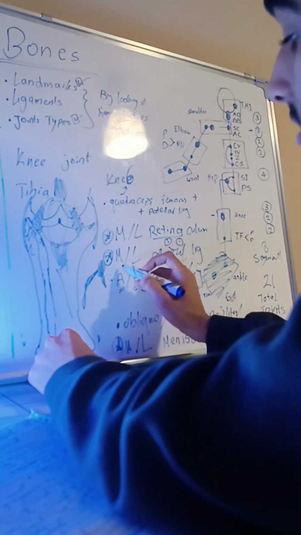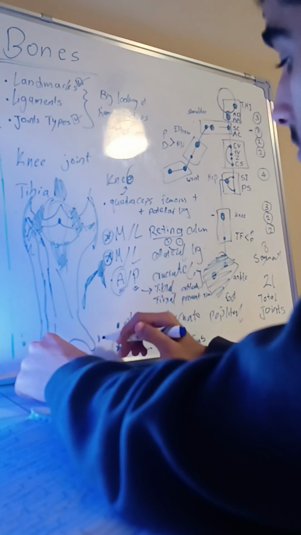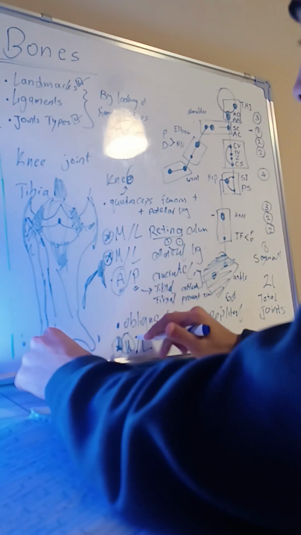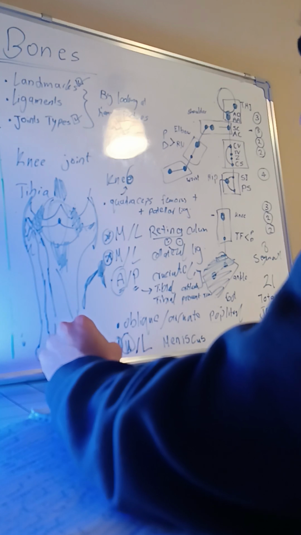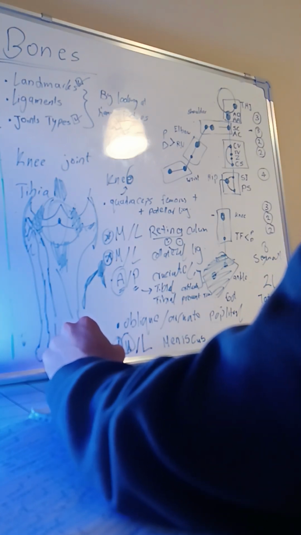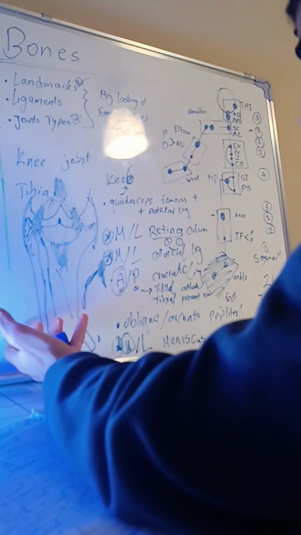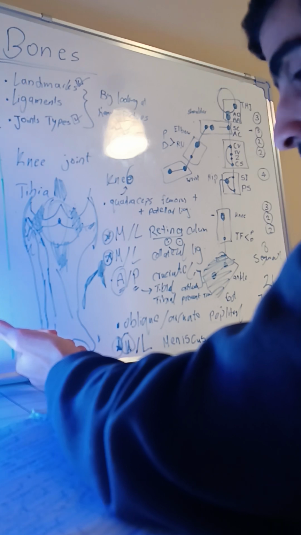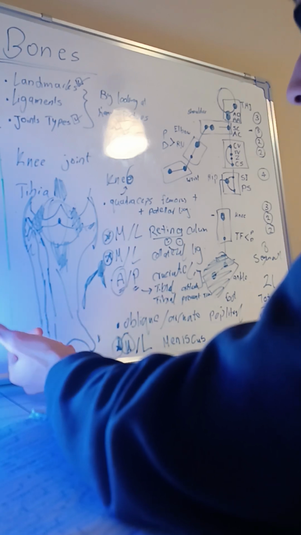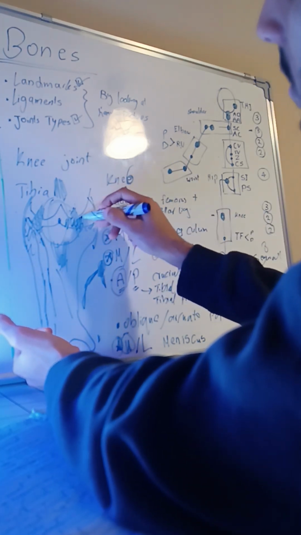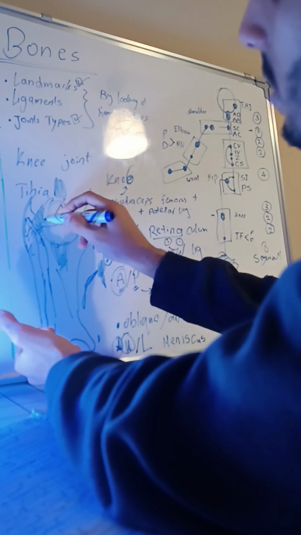By the way, the medial meniscus is the one that is more prone to injuries. And it acts like a cushion, like something that holds this. So here they're gonna have like a cushioning between the two bones.